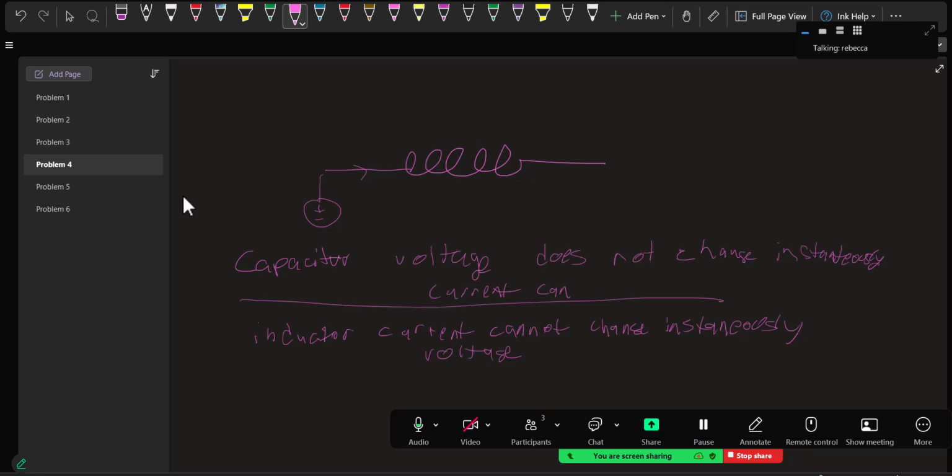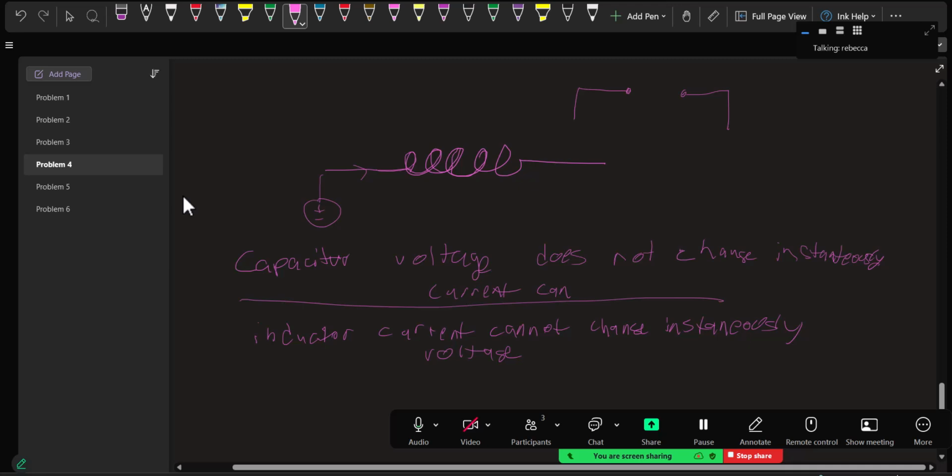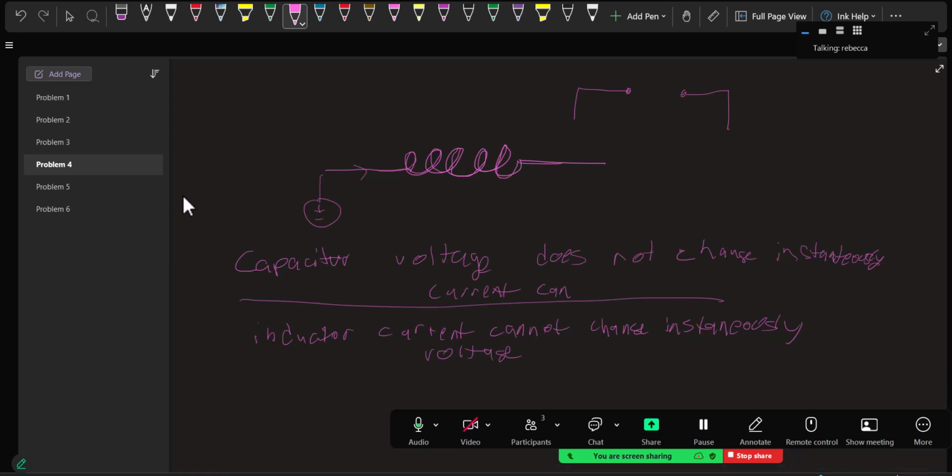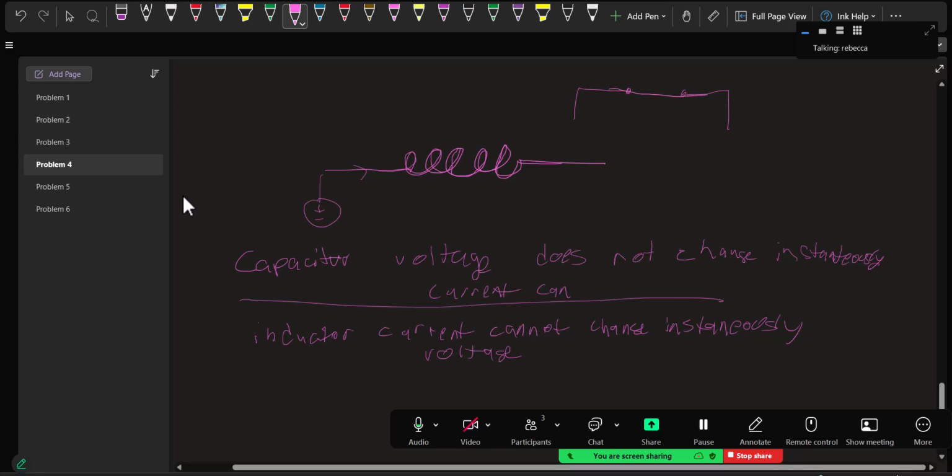When it first starts, it acts like an open circuit, and it says, no, I'm not going to let any current go through. But as the current becomes closer to a steady state, to where the current is not changing, the inductor doesn't resist it anymore. And so after a long time, the inductor acts like a short circuit.